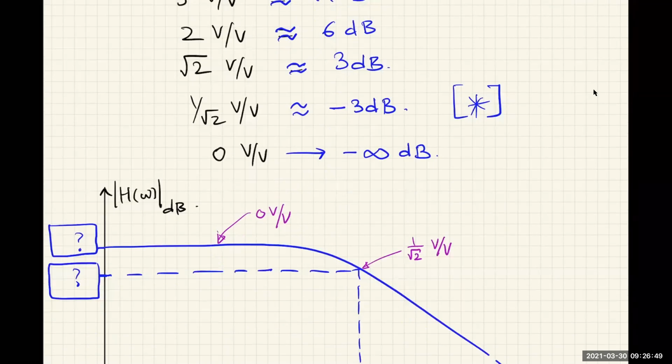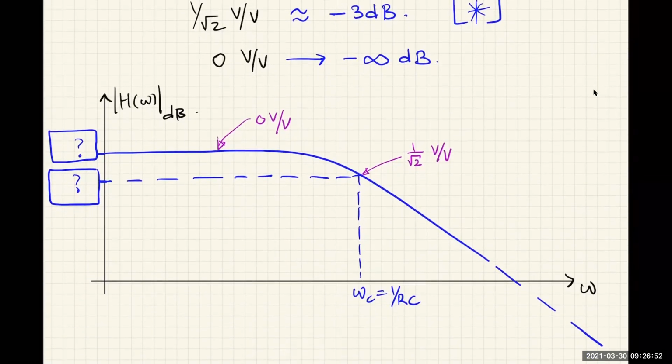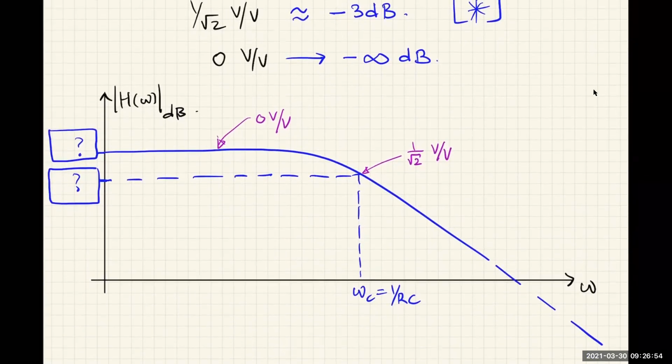Okay, so if you redrew the earlier circuit's plot, then you'd see that the gain is 0 volts per volts, and then you start going into negative infinity dB. Right? So it's no longer saturating to 0 volts per volts, but instead it's going to negative infinity decibels. Now, quickly think about what this value should be if this is the DC or the low frequency gain in terms of decibels.